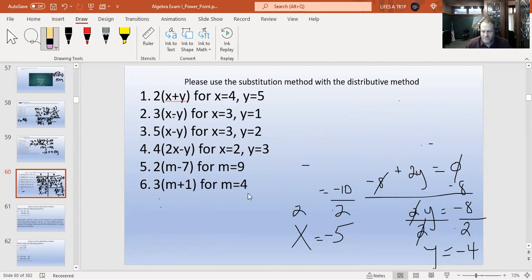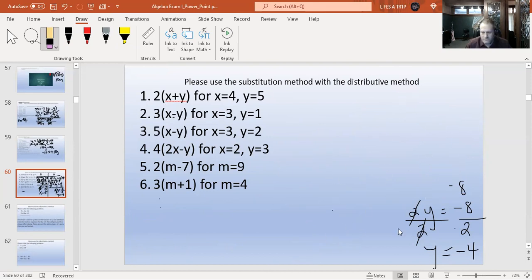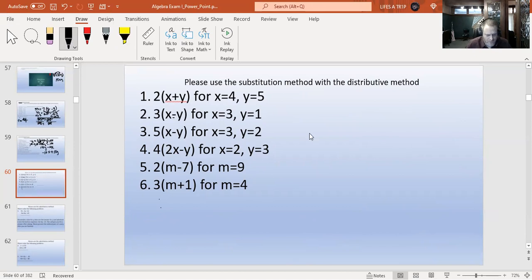Let's do number 5. We're not solving for X and Y, but we are substituting for M. Minus 7.